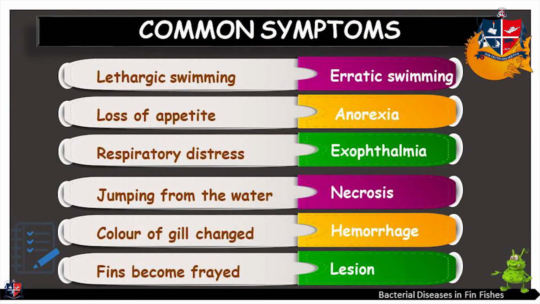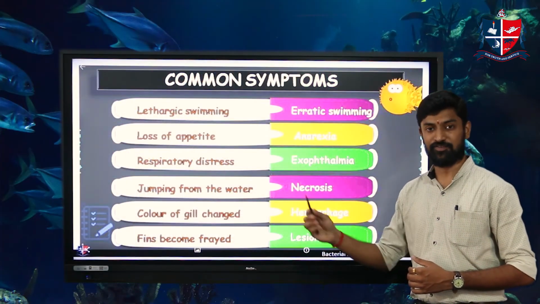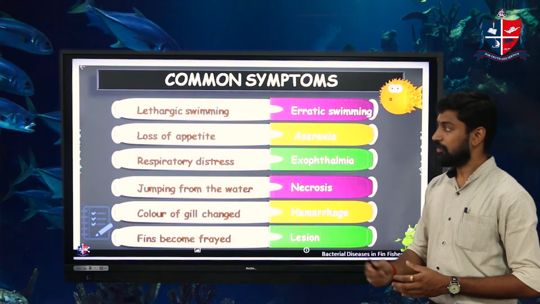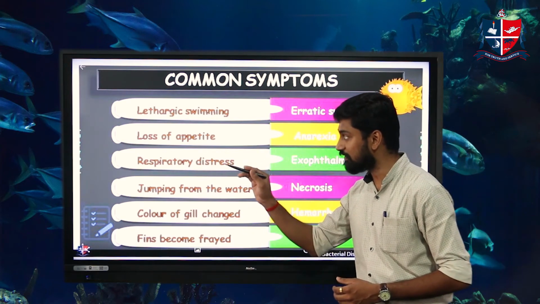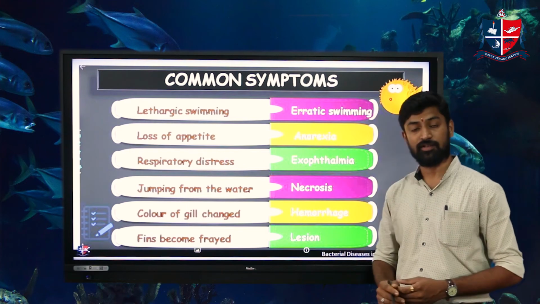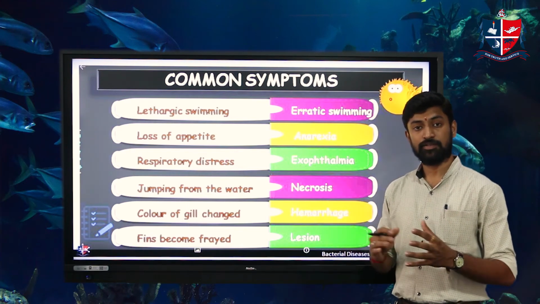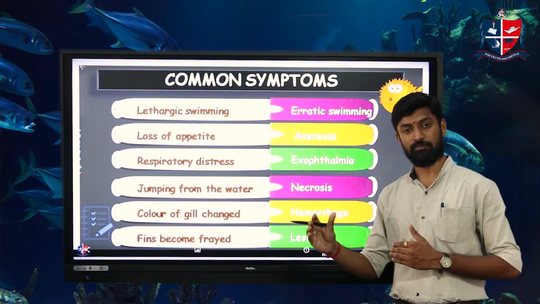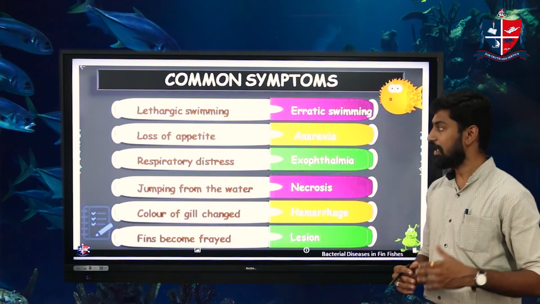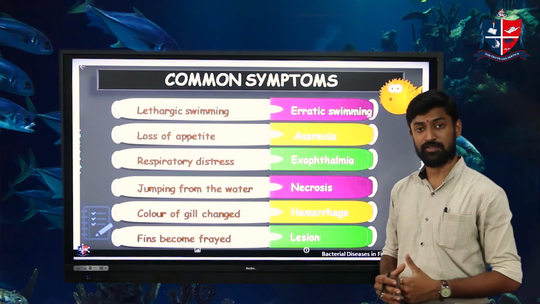Then the final slide of this presentation is the common symptoms of bacterial disease. The major common symptoms of bacterial disease are lethargic swimming or erratic swimming, the fishes showing irregular movement or irregular swimming patterns, and anorexia, loss of appetite.